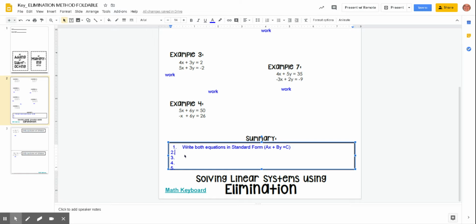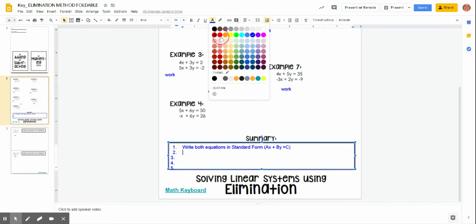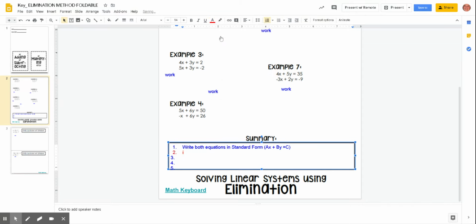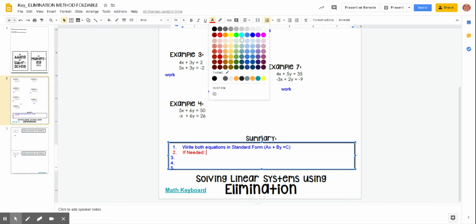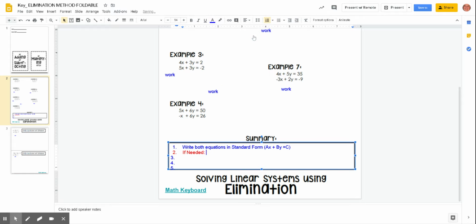Okay, so step number 2, and we're going to put if needed, right? So maybe we'll make that in red, so we know this is an if needed. Switch that back to blue. Remember, you guys can be creative with your color coordination.